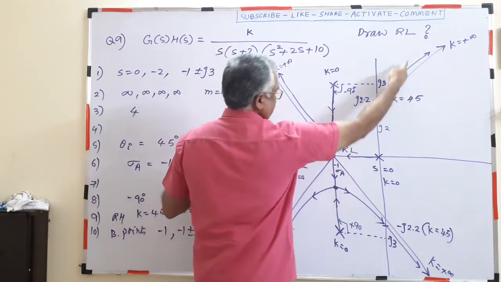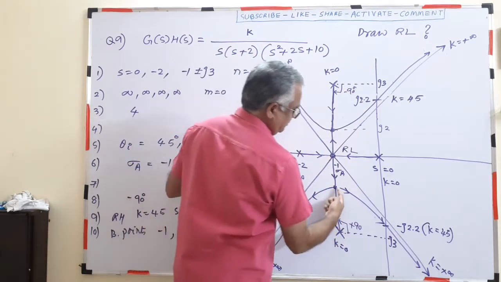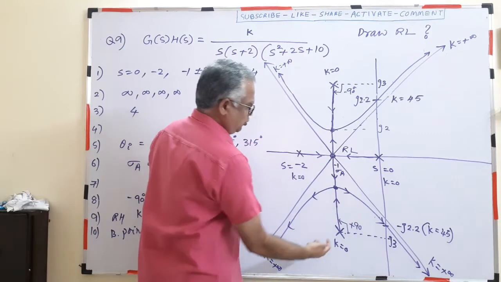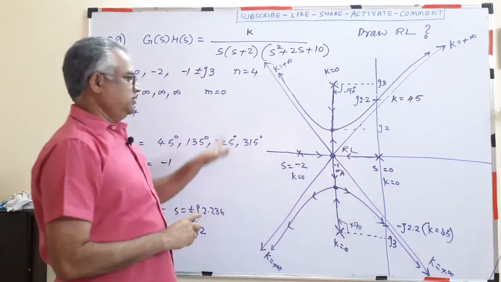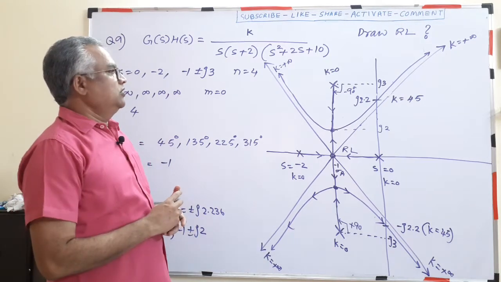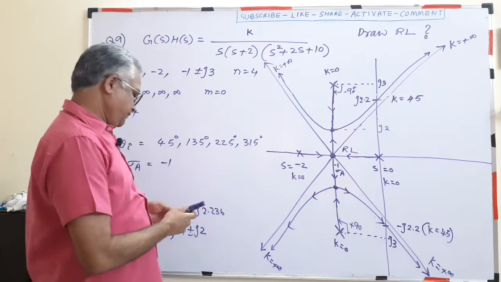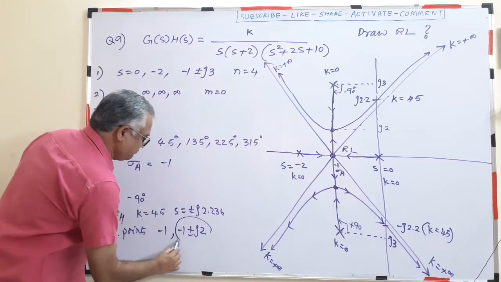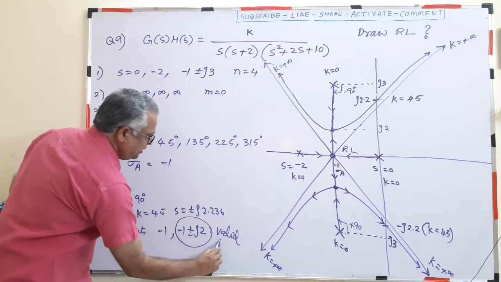This will go this side, this will go this side, and so on. Don't worry, this is a roughly root locus shape. So here, this is a valid breakpoint.